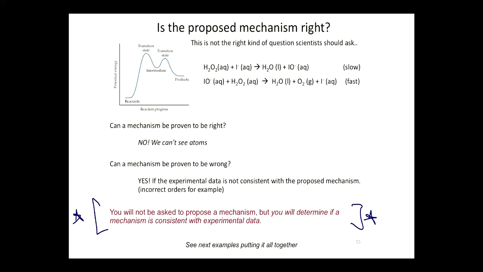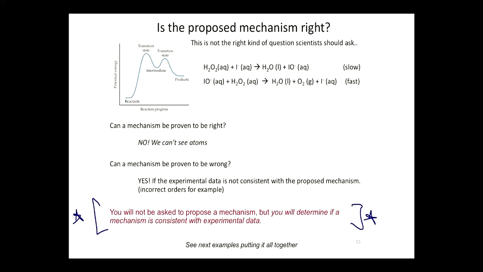So just an idea here with mechanisms. Again, I'll remind you that mechanisms are just proposed ideas. It's what we imagine happening on a particle level. We can't actually prove mechanisms right. So if we want to use correct scientific language, what we want to say is that this mechanism is consistent with the data that we see.